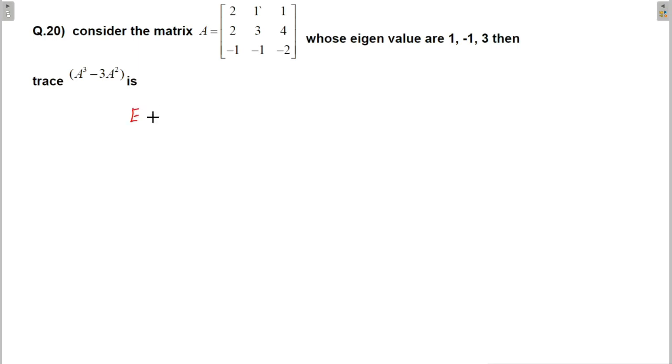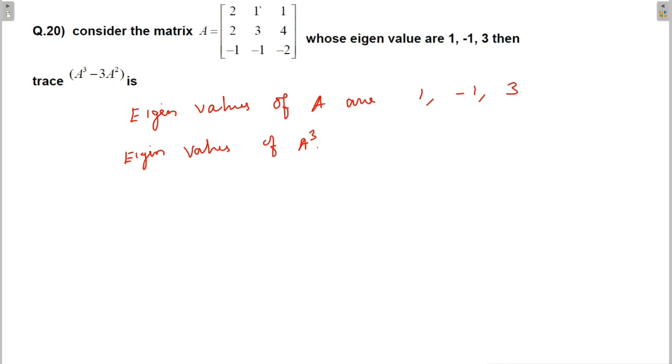The eigenvalues of A are 1, minus 1, 3. Eigenvalues of A power 3 minus 3 A square are, simply you can apply this value to A. So from that you may get 1 power 3 minus 3 into 1 power 2 comma minus 1 power 3 minus 3 into minus 1 power 2 comma 3 power 3 minus 3 into 3 power 2.